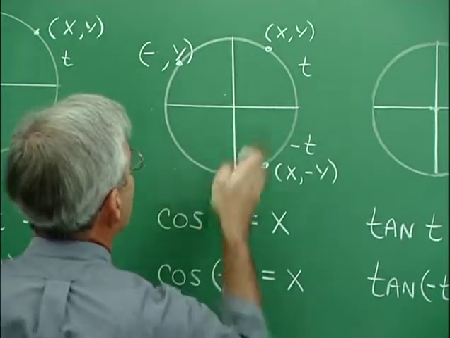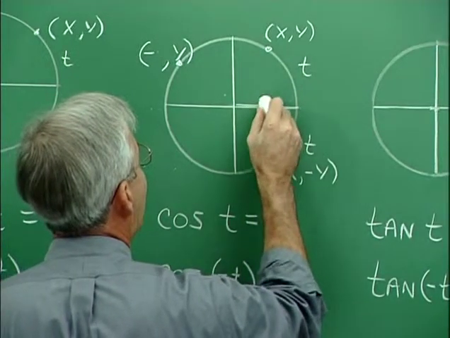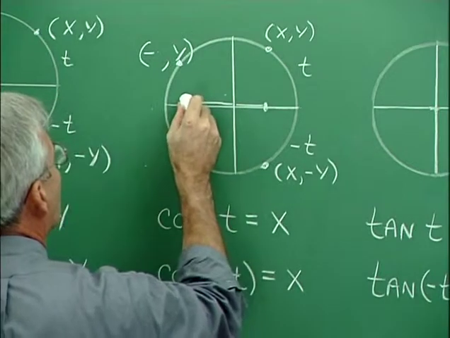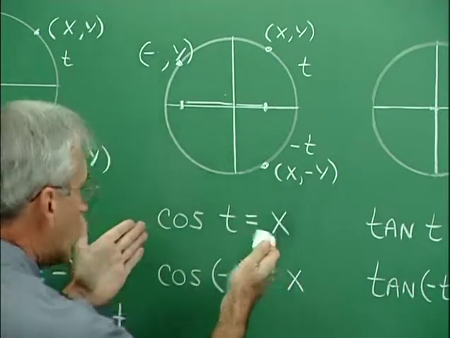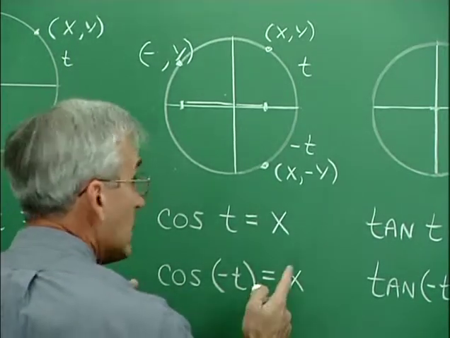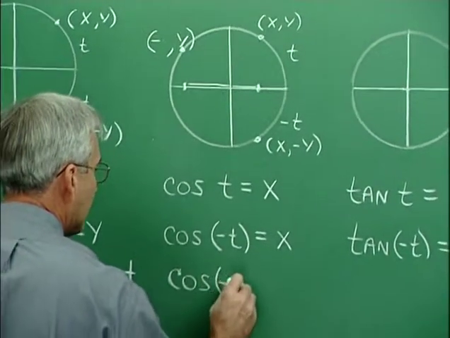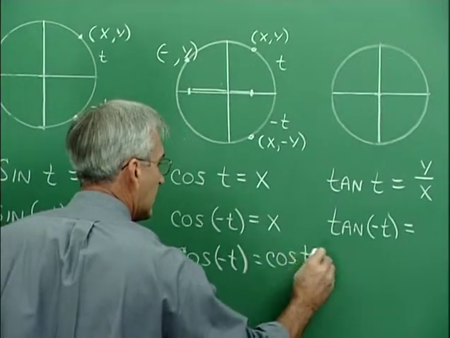So it's that x portion that we're thinking about. It's that part that we're after, the component involved in the calculation of cosine. So the cosine of negative t is also x, and therefore the cosine of negative t is equal to the cosine of t.